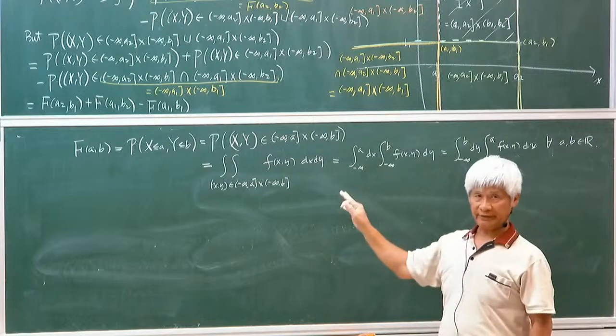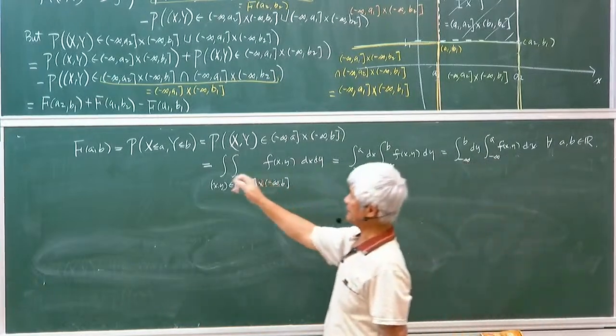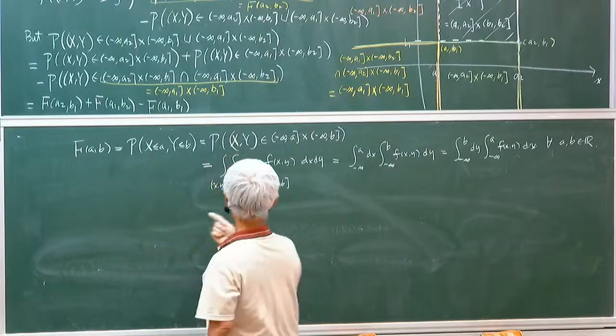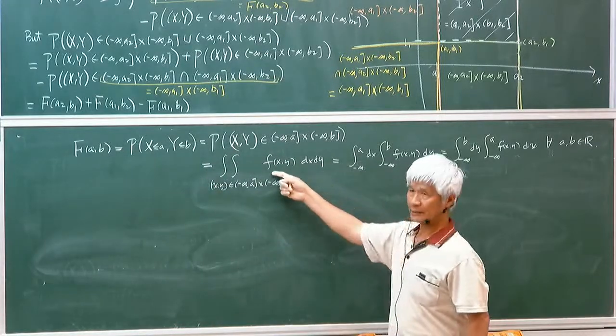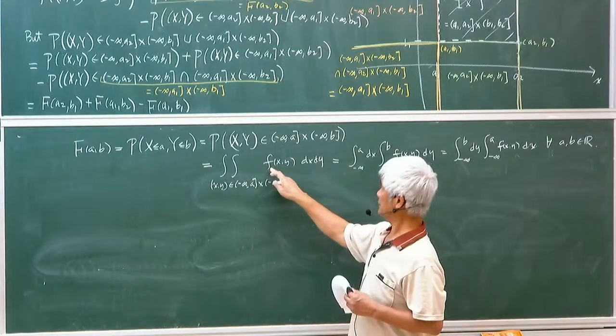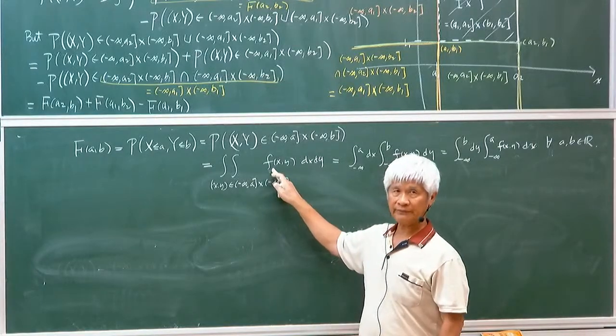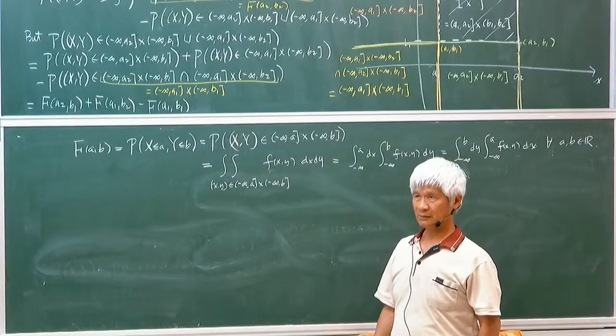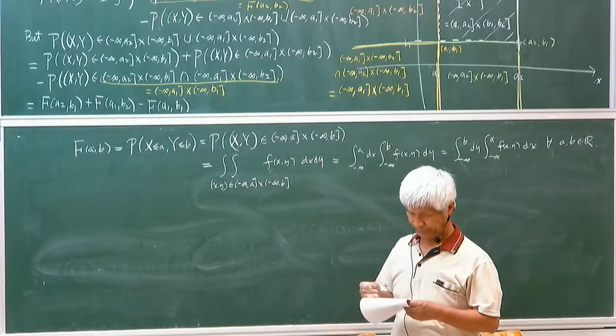So it is sufficient to just check that we can compute the joint CDF in terms of this double integral of this non-negative and integrable function f of x, y over these two cells.